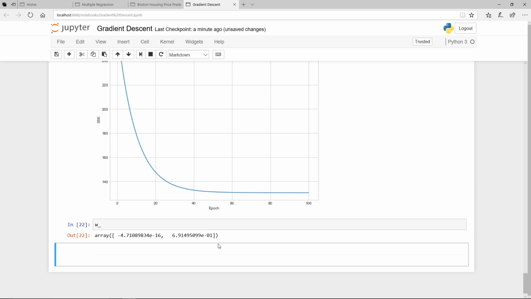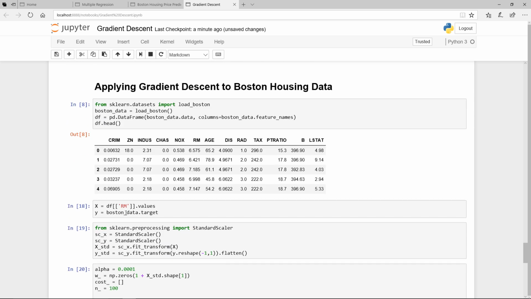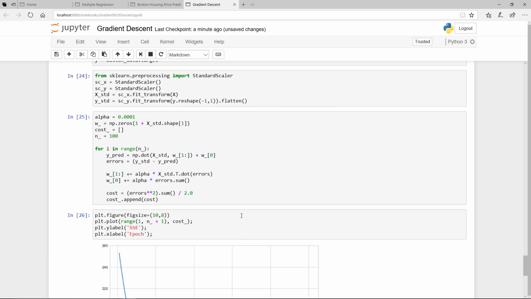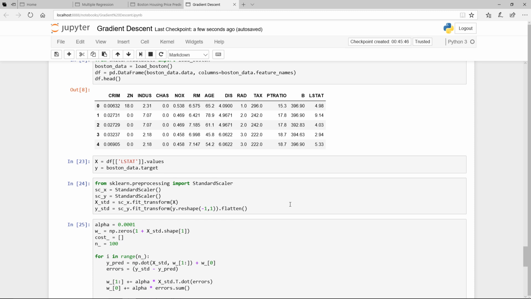Of course, the estimates of the slope will be slightly different. So I'm going to leave that here, and I'm also going to save this Jupyter notebook for you to refer to and play around with until you get familiar, and compare it with what you have done.